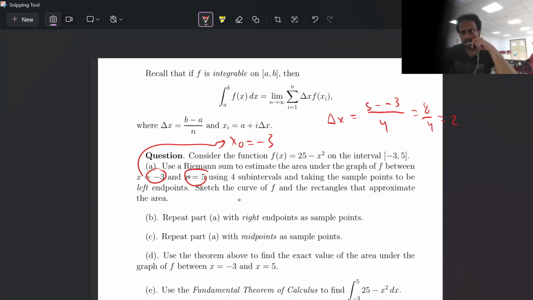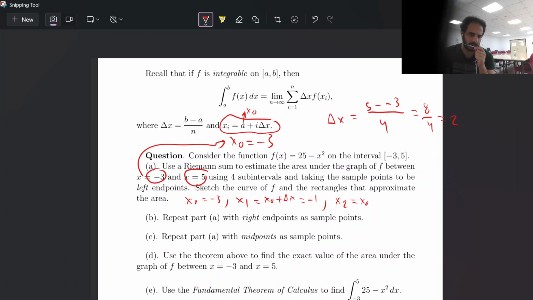So you have x0 equals minus 3. What is x1? See the formula: xi equals a plus i delta x. So x1 equals x0 plus delta x, with i equal to 1. What is delta x? 2. So you get minus 3 plus 2, which is minus 1. Next, x2 equals x0 plus 2 delta x.